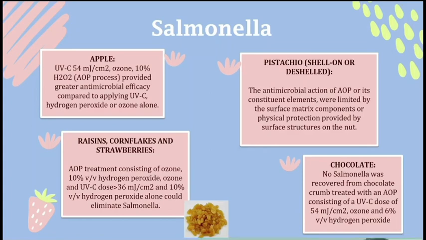The second one, for sample raisin, cornflakes, strawberries, and chocolate, shows that no Salmonella was recovered at 10% hydrogen peroxide alone, and also AOP treatment, which is 10% hydrogen peroxide, ozone, and 36 and 54 mJ/cm² UVC dose treatment.